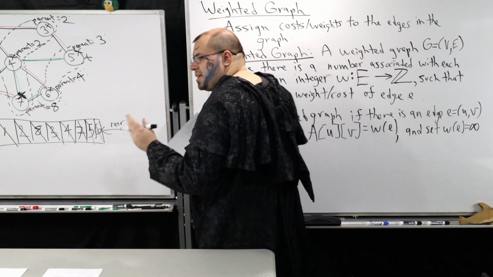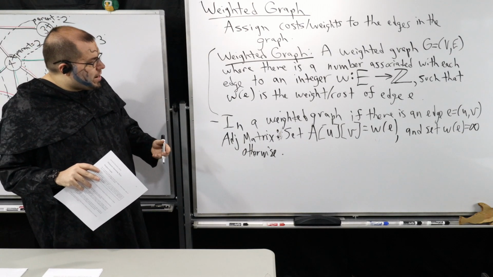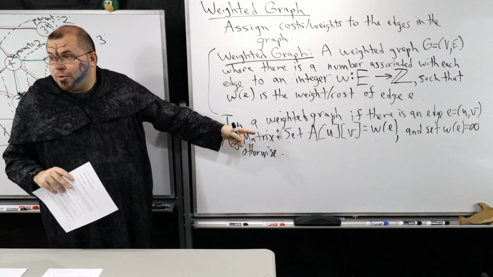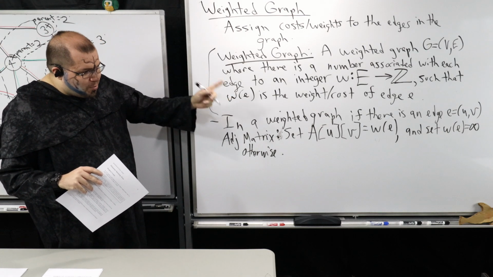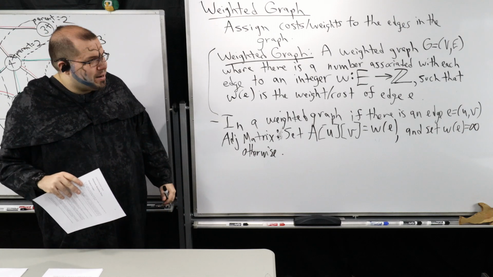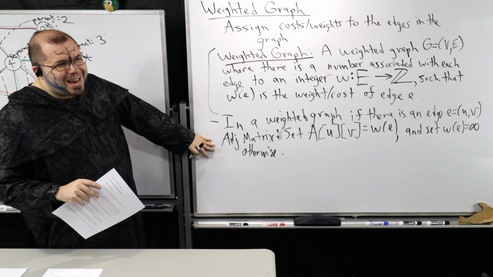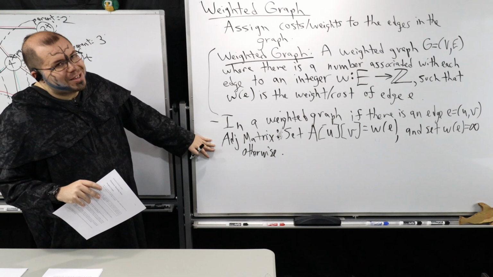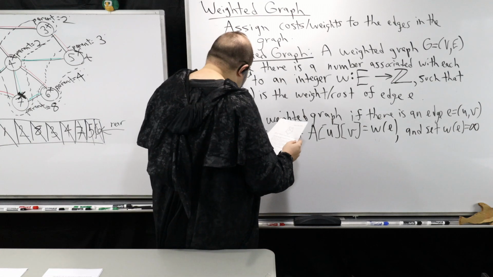So if there's an edge that exists between two endpoints, instead of putting a 1 in that position, I'm going to put the weight of that edge. If it's a 0, I'm going to put infinity. That's the difference here. Now, if I'm using a more OO-based implementation, I would store edge objects, with an attribute that stores the weight. None of these is going to change much of the details.